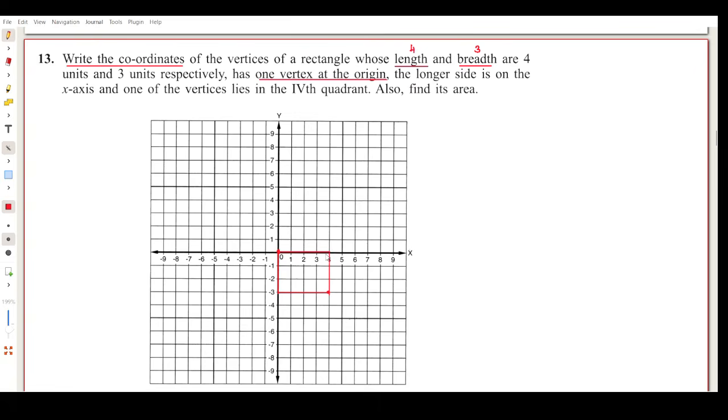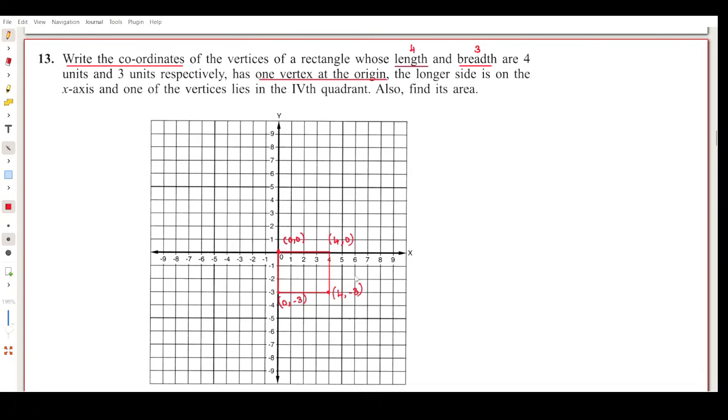The longest side is 4 units, on the x-axis. One of the points is in the fourth quadrant. Now write the coordinates. This is 0 comma 0, the origin. Now this is 4 comma 0. Now this is 4 comma minus 3, and this one is 0 comma minus 3.